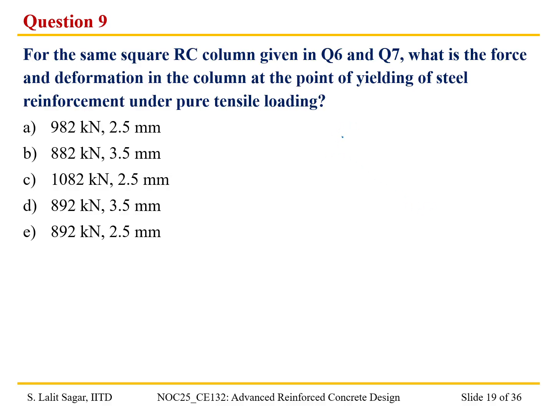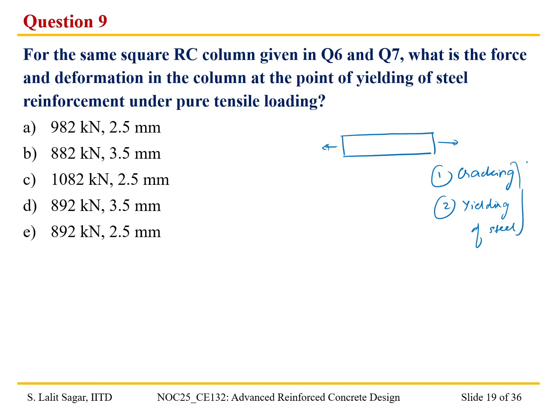Essentially, what we're doing is subjecting the column to a tensile force. First we did corresponding to the cracking of concrete. Now we need to determine corresponding to the yielding of steel, and find out the P and delta values.